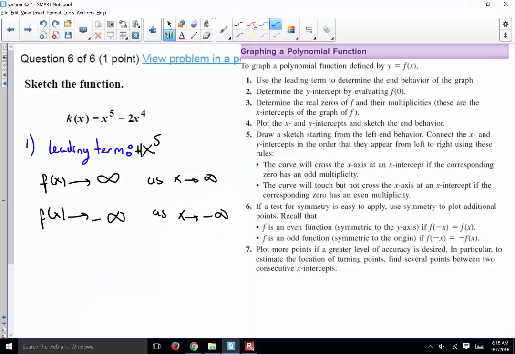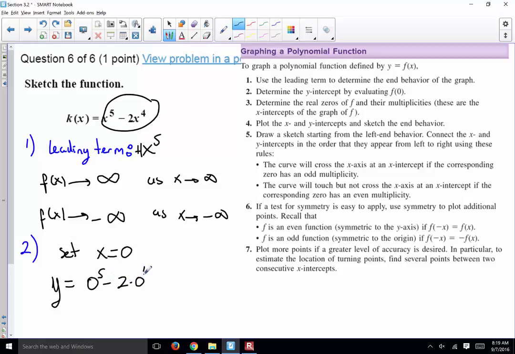Step 2. Let's find the y-intercept. How do you find the y-intercept? If they're asking for a particular variable intercept, you always choose the opposite one and set it to 0. So I'm going to set x to 0 and compute y. There's 0 to the fifth, minus 2 times 0 to the fourth, which is 0, 0, 0.